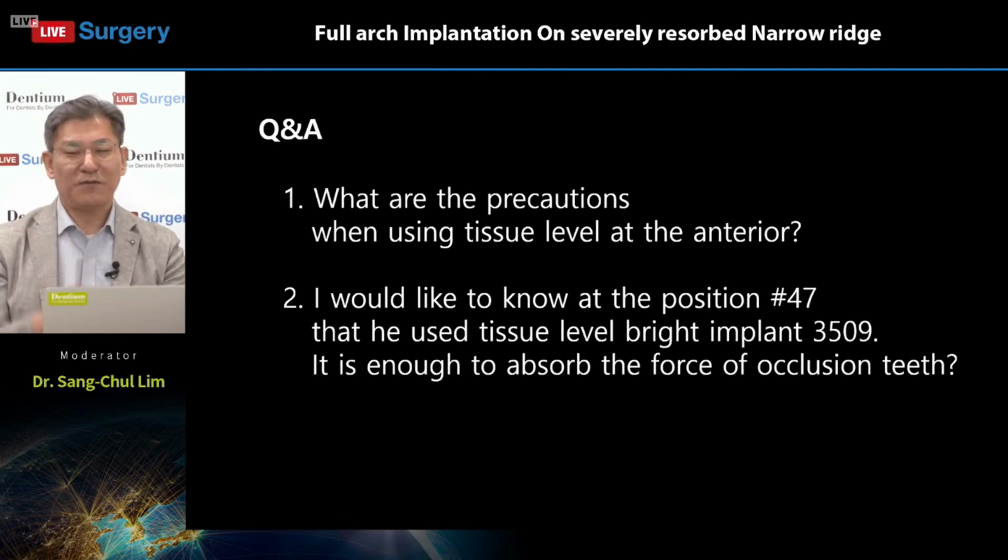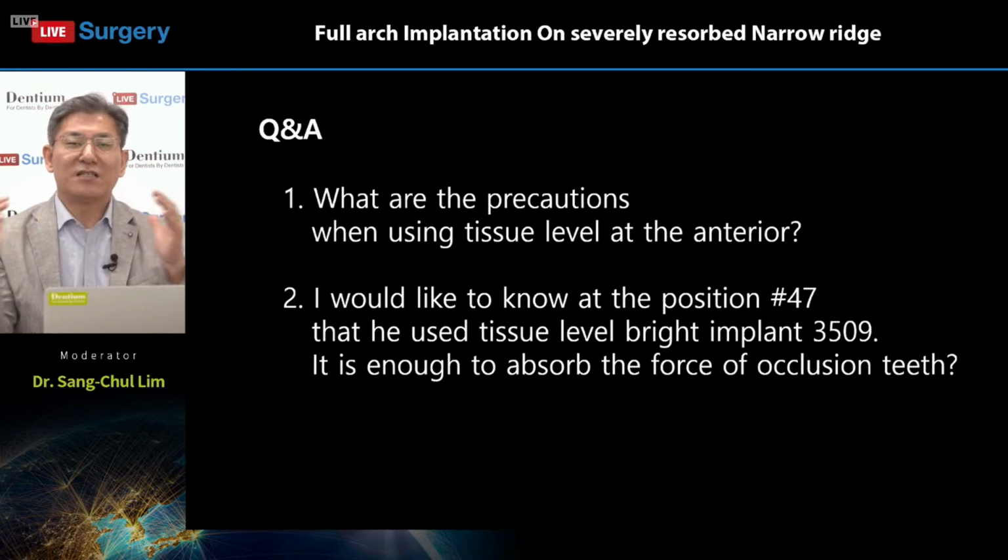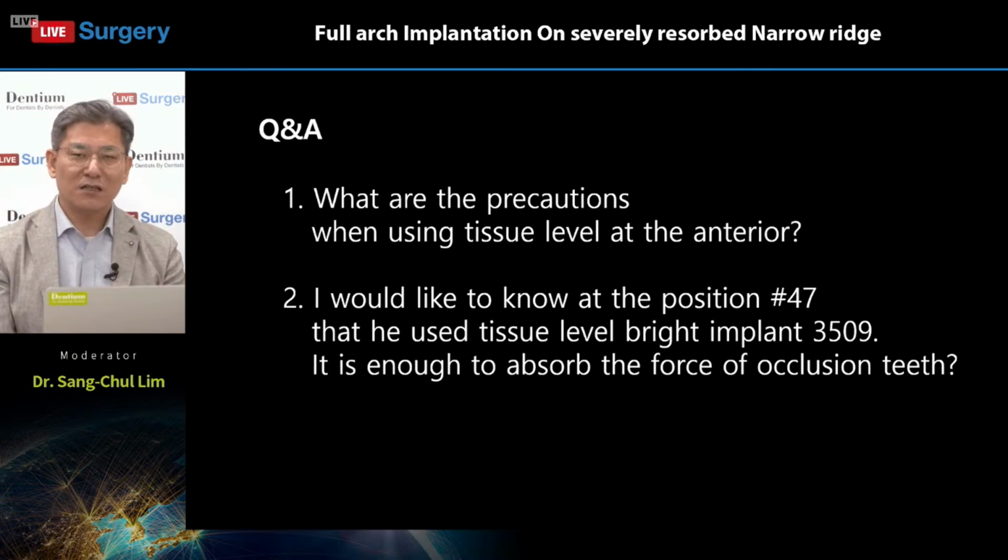Sometimes at the fixture, tearing or superstructure fractures can happen, even more so with malposition like this one. However, this tissue level, especially the bright tissue level, has an external connection, right? So an external connection 4.0 is stronger, much better than the internal connection of bone level 4.0.